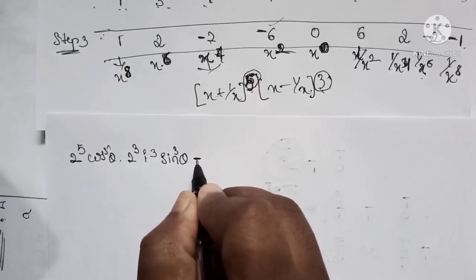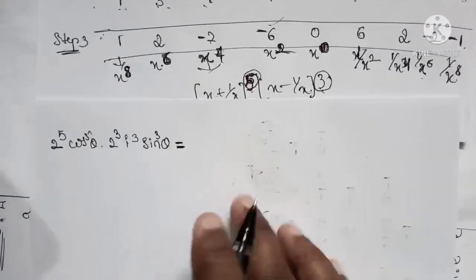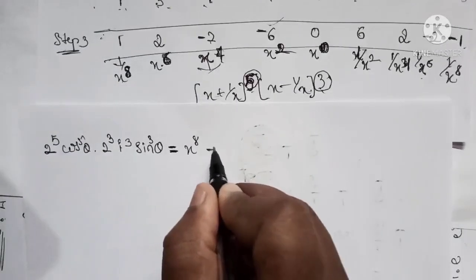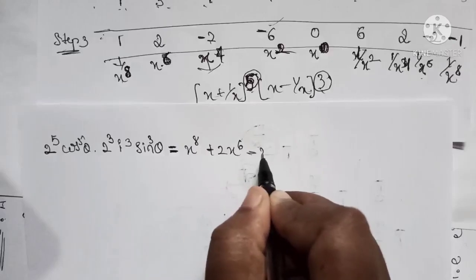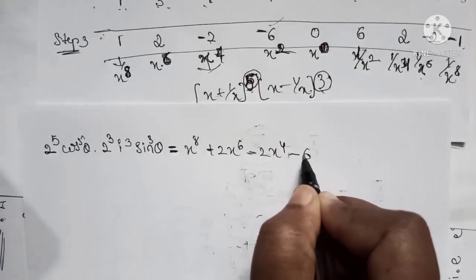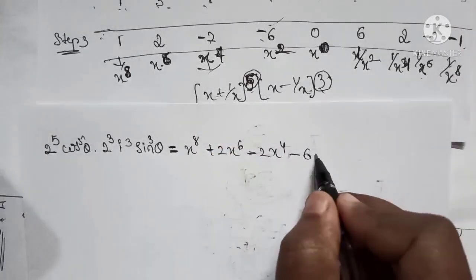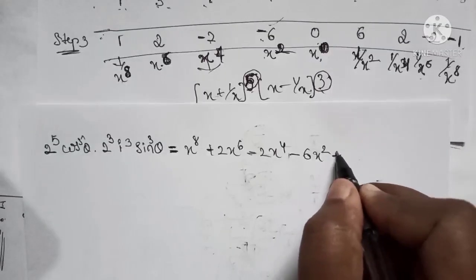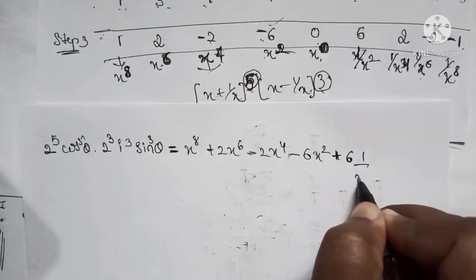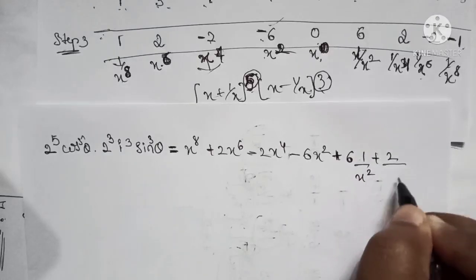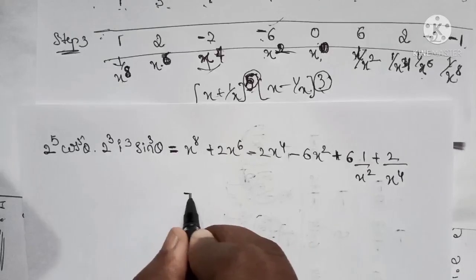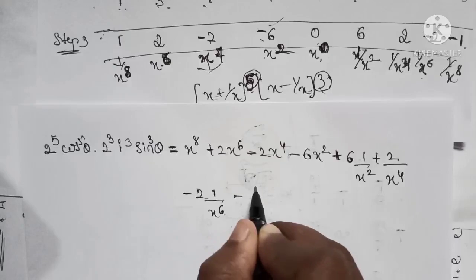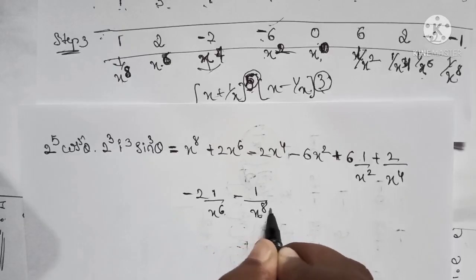It is equal to 1 into x power 8 plus 2 into x power 6 minus 2 into x power 4 minus 6 into x square. 0 into x naught means it is simply 0, plus 6 into 1 by x square plus 2 into 1 by x power 4 minus 2 into 1 by x power 6 minus 1 by x power 8.